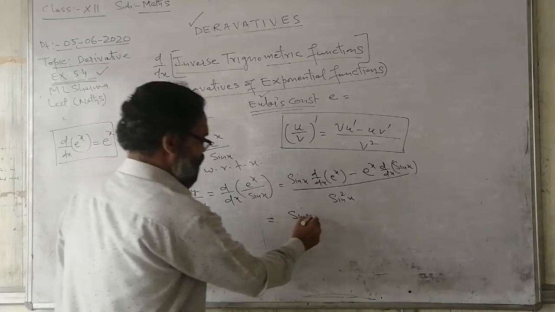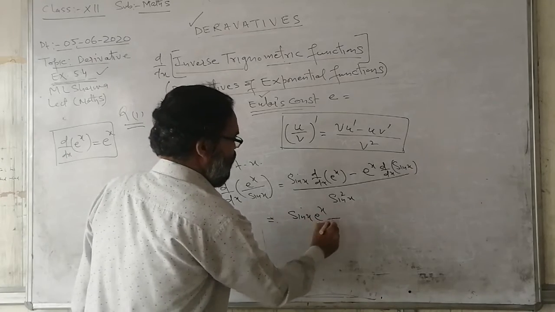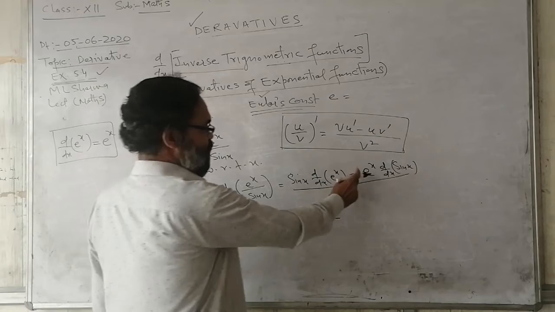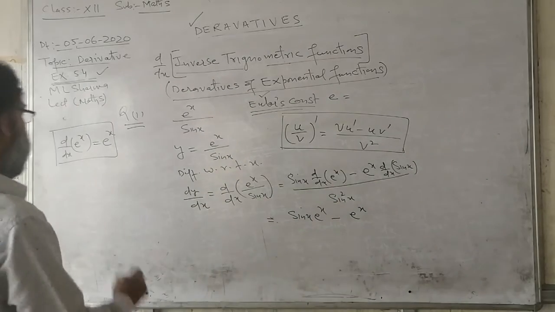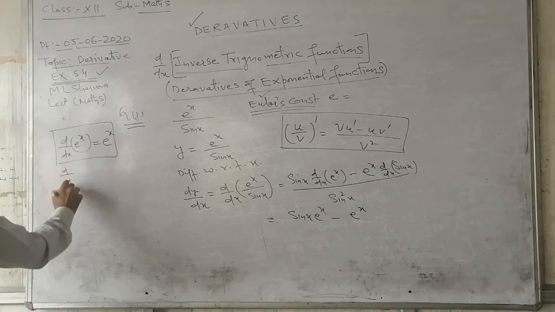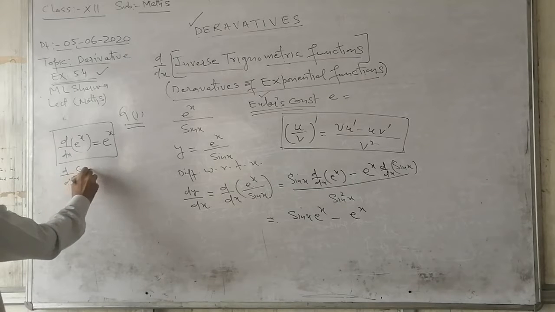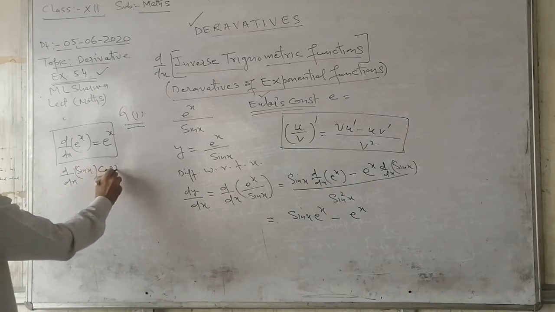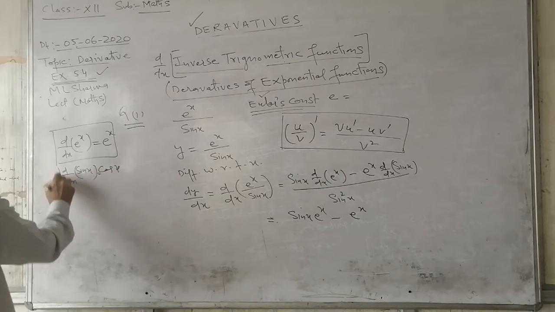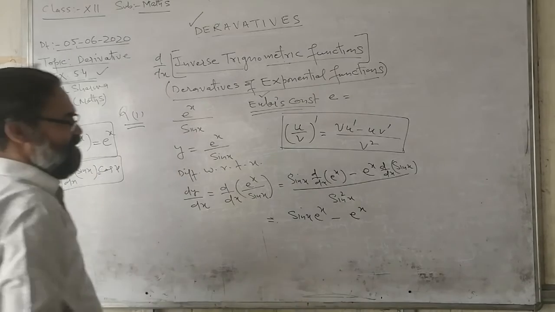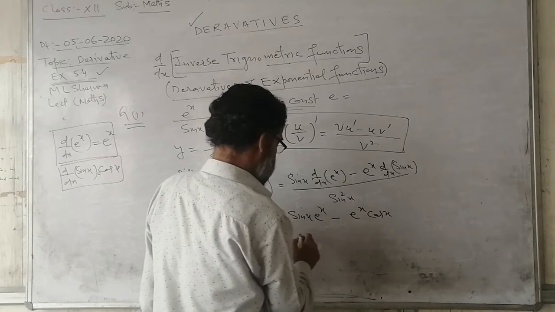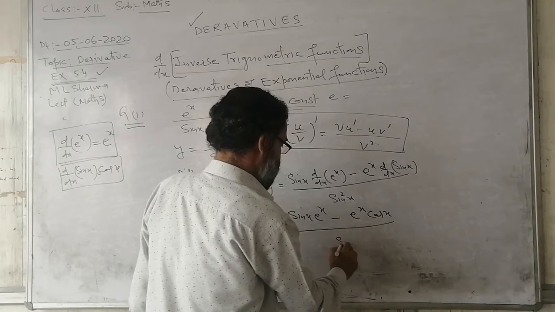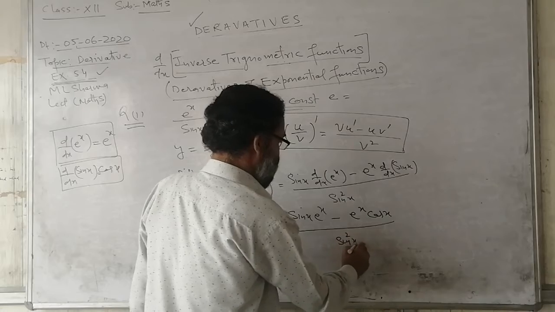It will remain as it is, minus e raised to power x times the derivative of sin x, which is also known to you. It is cos x. So I can write cos x here, and in the denominator sin square x.